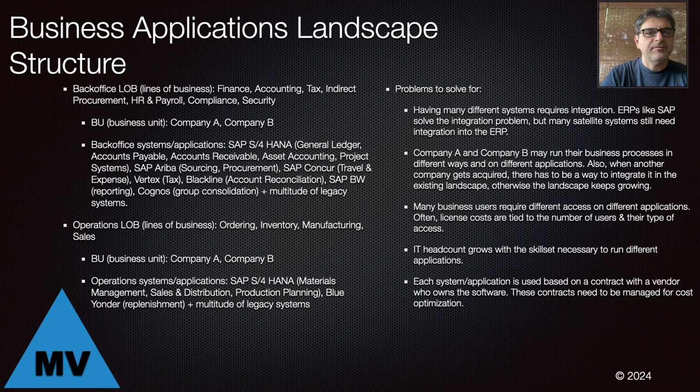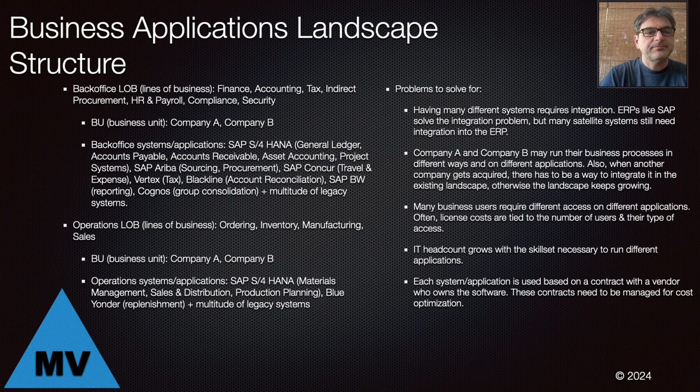One is the back office line of business, and that would include your finance, accounting, tax, indirect procurement, HR, payroll, compliance, security. These are lines of businesses that usually work as shared services in the sense that they serve the entire company, and often they serve an entire group.